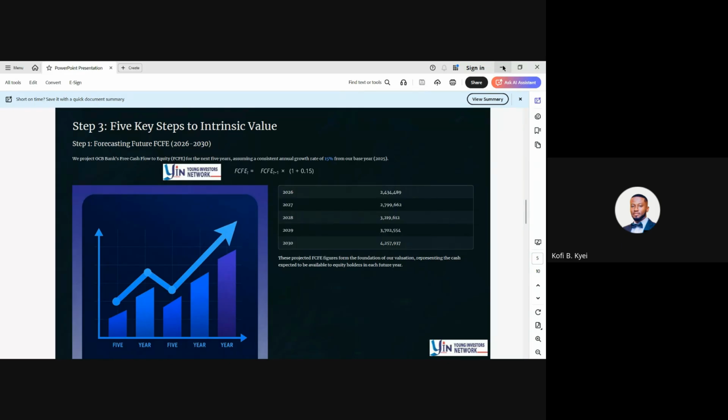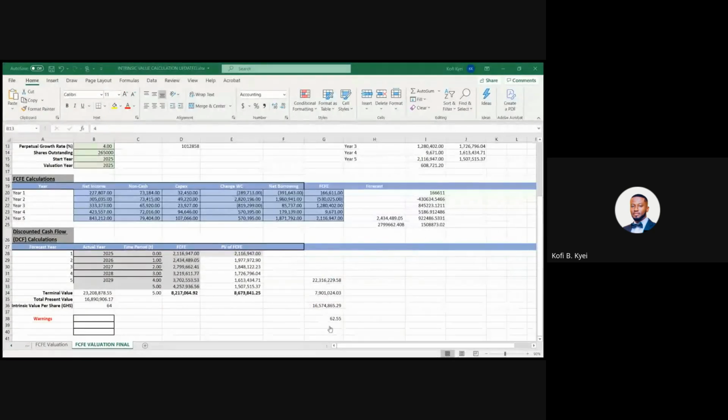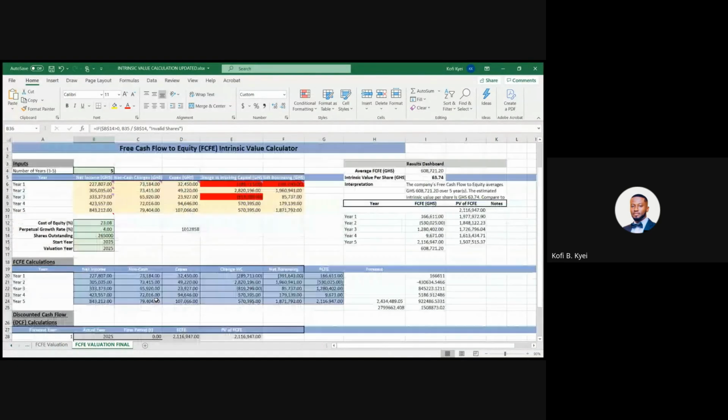And so let me share the screen again. Okay, so this is the Excel. Realize that the values in this Excel are as we saw in the presentation. So I'm going to go through the Excel for us to understand.